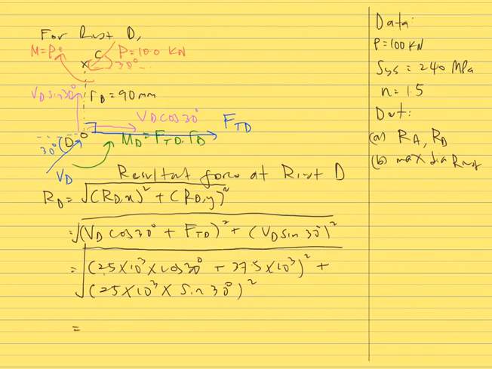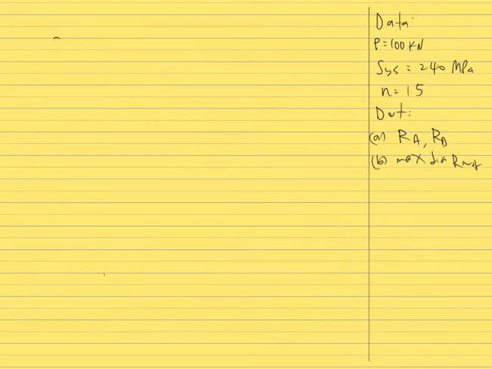So at the end we can get the value of RD is 60.457 kN. So maximum resultant force is acting at rivet D.